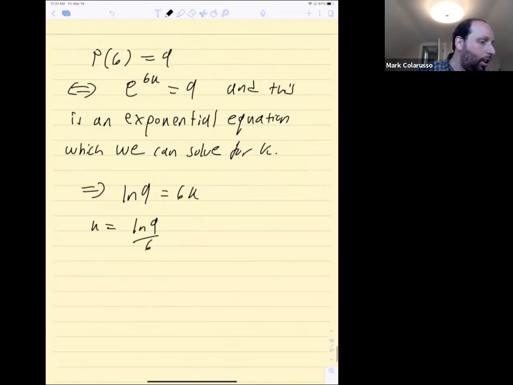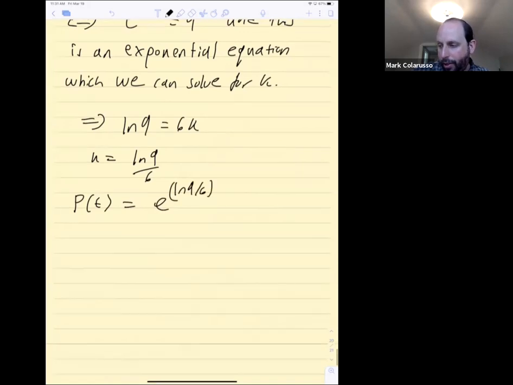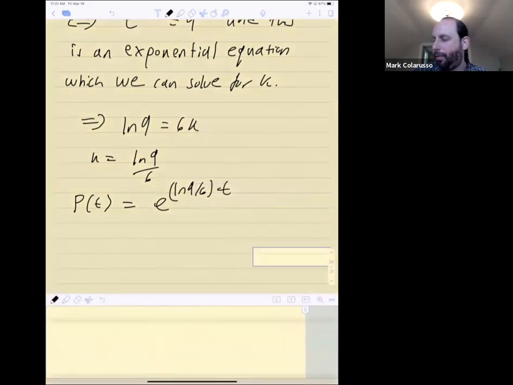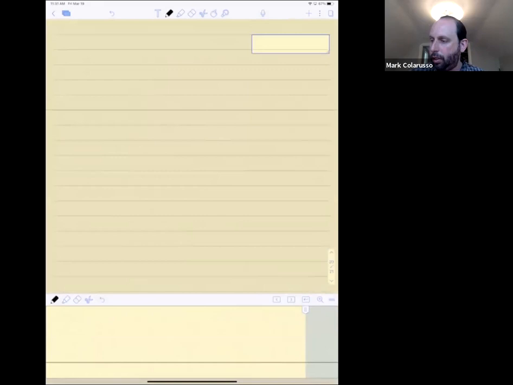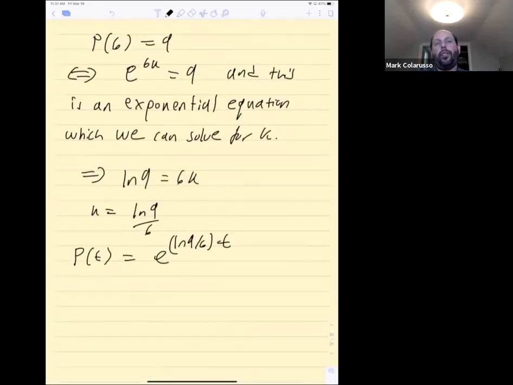And that means that P of t, and it's good in this situation not to simplify. You'll get a better answer in the end if you don't simplify the k in your calculator yet. You'll introduce fewer errors, but at the end you should.